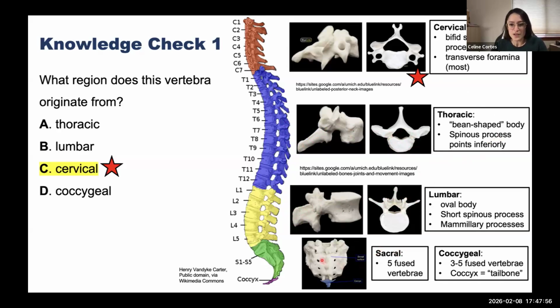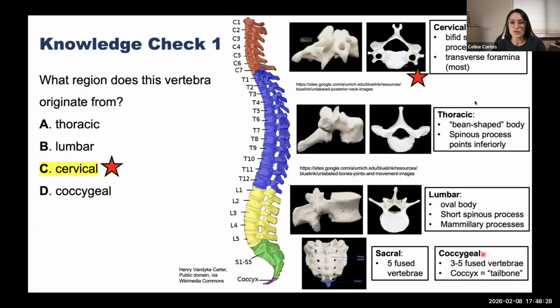And for sacral and coccygeal, typically we've got fusion going on. All the sacral vertebrae, there tend to be 5, and they tend to all be fused. The coccygeal oftentimes tend to be fused as well, and we can have some variation in the number, but essentially these all typically fuse together, and we refer to that fusion as the coccyx. That's what we colloquially call the tailbone.